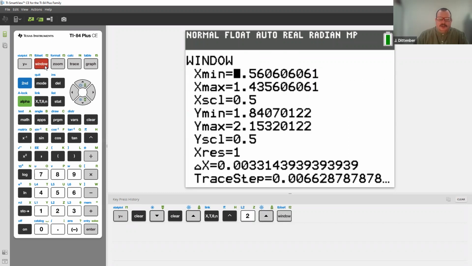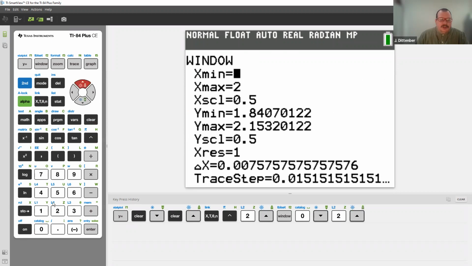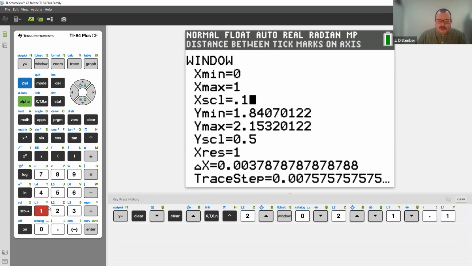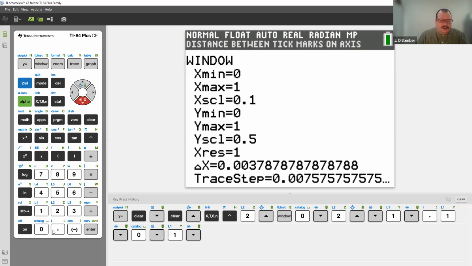Now I want to adjust my window so that I can see what I need to see. We'll make x from 0 to 1. That's what we want to calculate. And then we're going to make the y value also from 0 to 1. So we'll scale it down and see what it looks like.